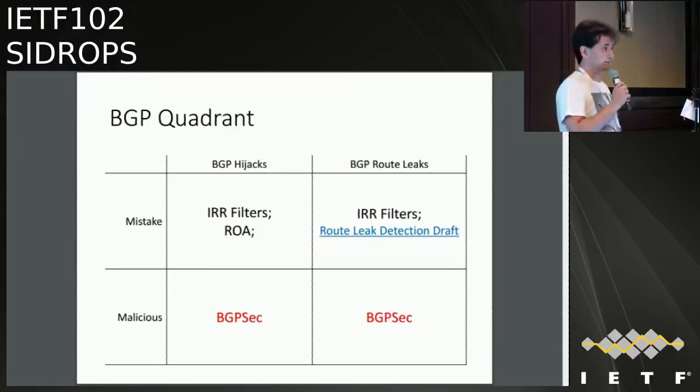There are ROAs, which are finally taking off. It's great news that recently several huge IXes have started to drop invalids at the level of route servers. There are also several drafts targeting detection of mistaken route leaks using additional attributes.